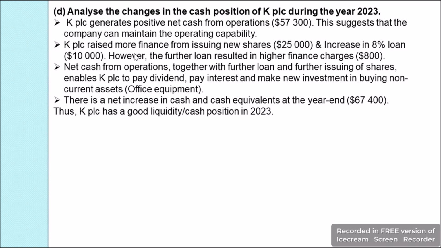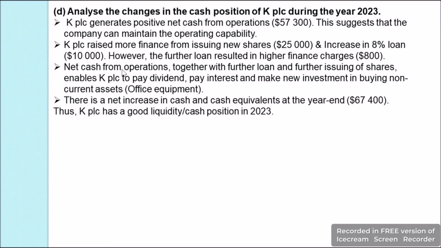Then another reason why there was an inflow of cash was because KPLC was able to increase their finances by means of issuing of new shares of $25,000. Furthermore, they have also increased the 8% loan by $10,000. However, this will also lead to an outflow of interest by $800 because this leads to increase in financial charges.